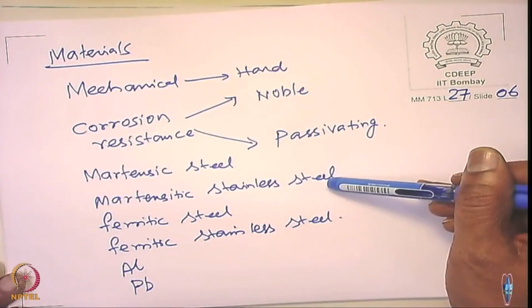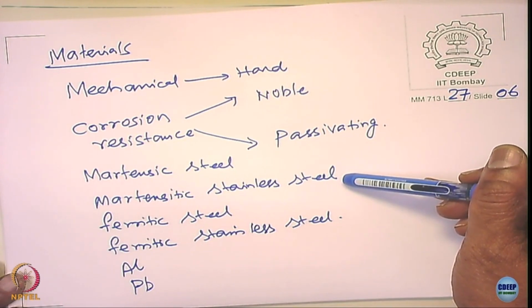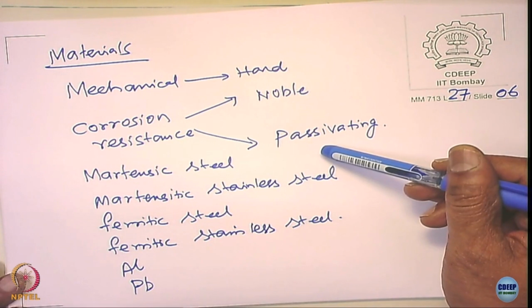So when it comes to erosion, of course, assuming that the hardness is the same. I am not really going to vary too many things. Assume that the hardness of martensitic steel and stainless steel are going to be the same. So if you look at erosion, both martensitic steel and martensitic stainless steel will be almost the same. When it comes to erosion corrosion, martensitic stainless steel will be better compared to martensitic steel.